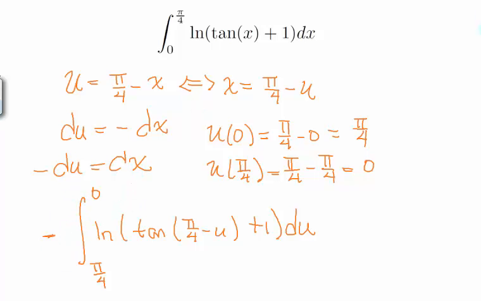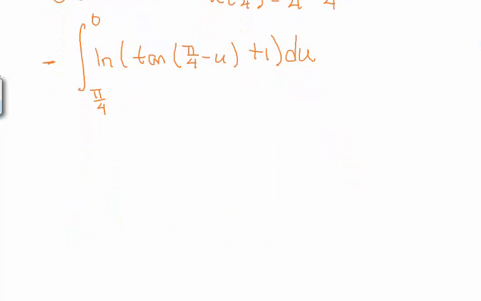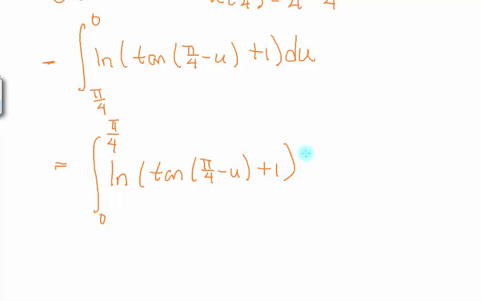Well, it switches the limits of integration, right? So it's going to be from 0 to pi over 4 of ln of tangent of pi over 4 minus u, plus 1 du.